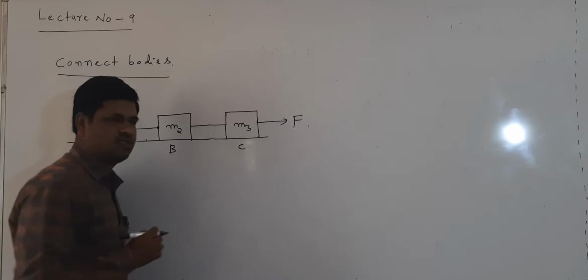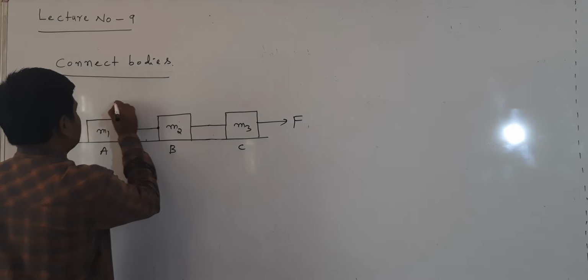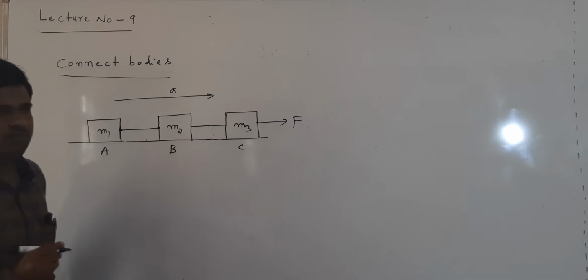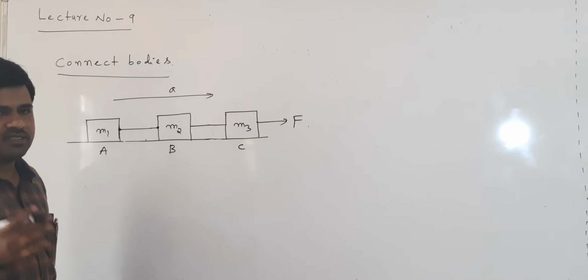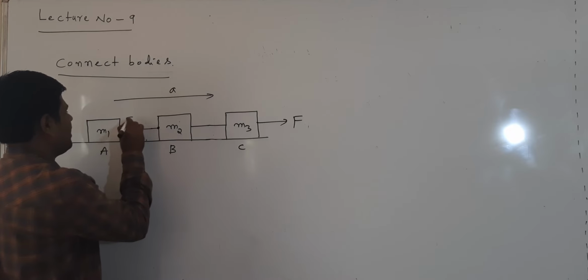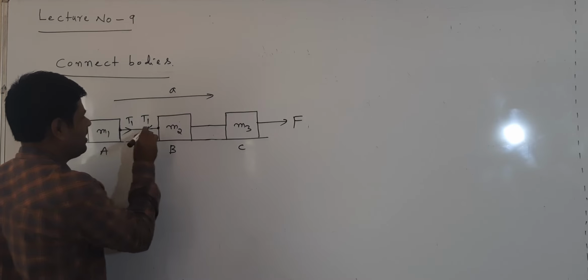Now the external force is acting in this direction, so the acceleration of the system is also acting in the same direction. In this string the tension developed is considered as T1, which always acts away from the tied end. This is T1, this is also T1, both away from the tied end.